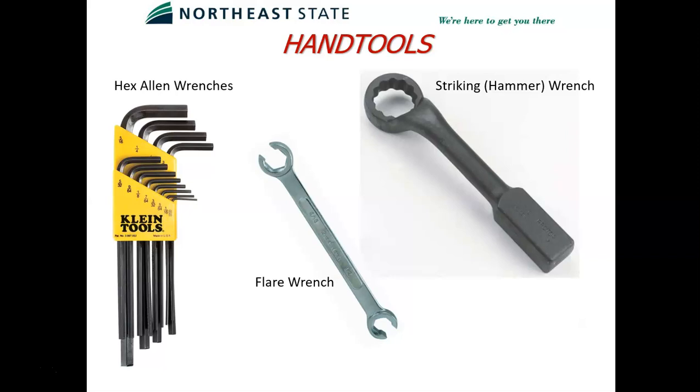If you need to take that nut off, using an open end wrench is not always the best advice, because most of the time they're on really tight and they're hard to get off. They're corroded on. So using an open end wrench, most of the time will round the heads off, and then you're stuck with using vice grips or something like that, or having to cut it off. So use a flare wrench.